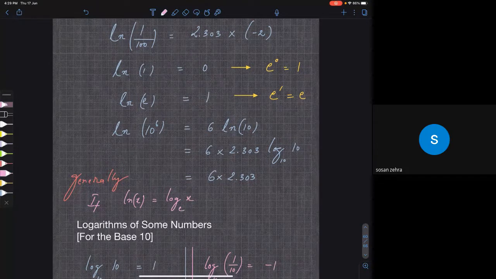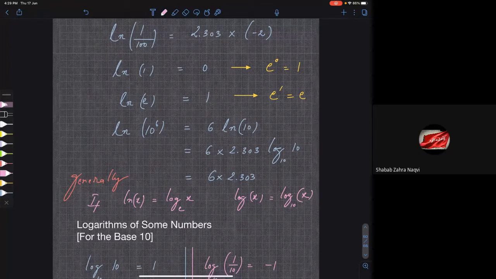And if generally nothing is written, just log x is written, then you have to understand that they are talking about log to the base 10. Clear? You are getting my point? Yes, sir. Sometimes in calculators also you find this. If only log is written, that is log to the base 10. If ln is written, that is log to the base e. Clear?